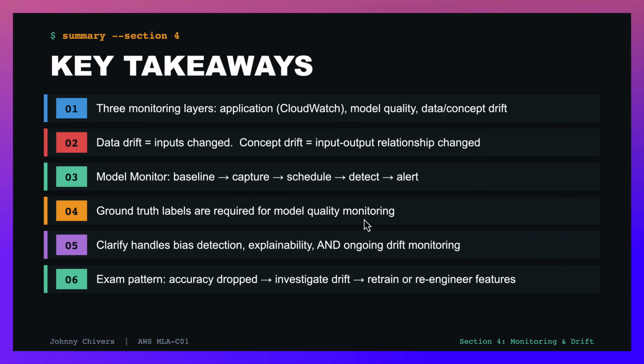That makes sense: if you predict house price outcomes, you need to know what the house actually sold for long term, so you can feed that back in and see how accurate your prediction was. Clarify handles bias detection, explainability, and ongoing model monitoring drift. And the exam pattern: accuracy dropped, investigate drift, retrain or re-engineer the features depending on what you're doing. So, re-engineering features versus retraining the model.